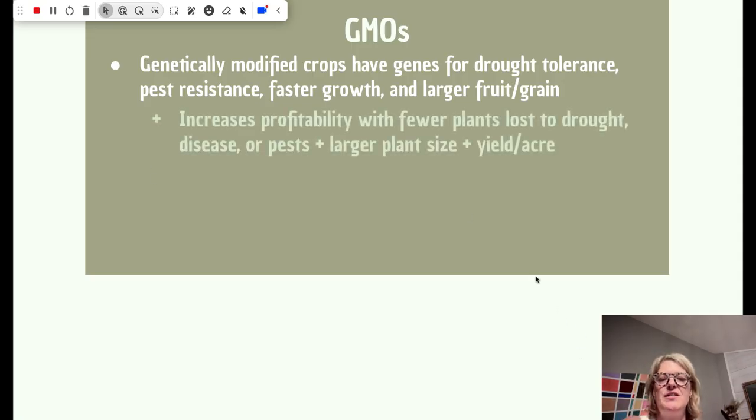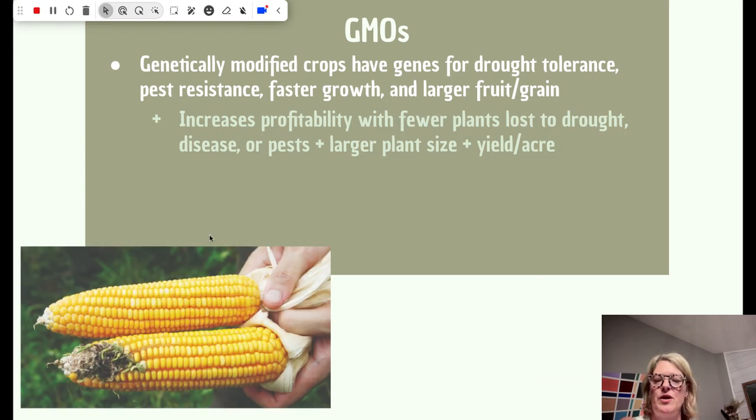Those are all things that we're looking for because these factors will increase the profitability, because we'll have fewer plants that die from disease or from drought or from pests, and we'll get more yield per acre, which is super important. And so here you can see we have corn that was genetically modified to avoid pests. Obviously, this ear of corn on the bottom is not saleable, like you can't actually sell that to anybody.